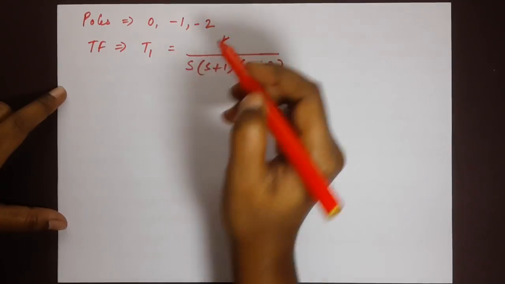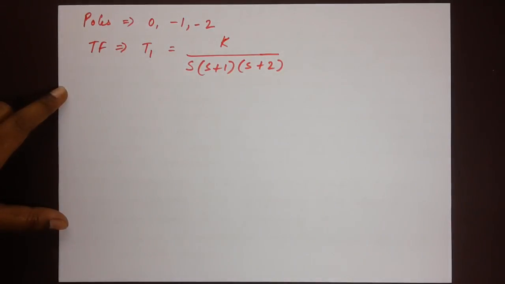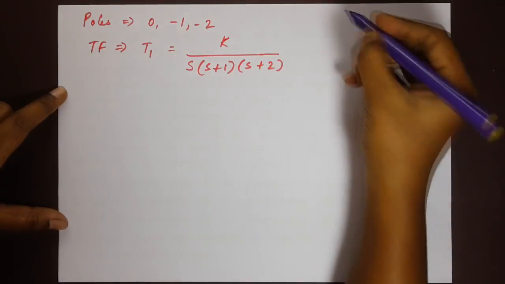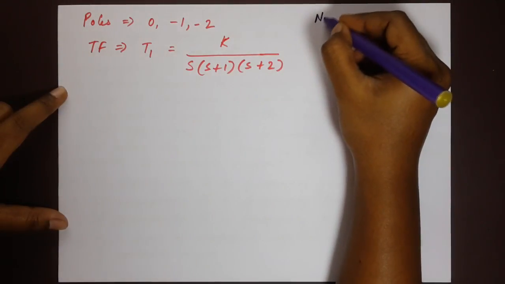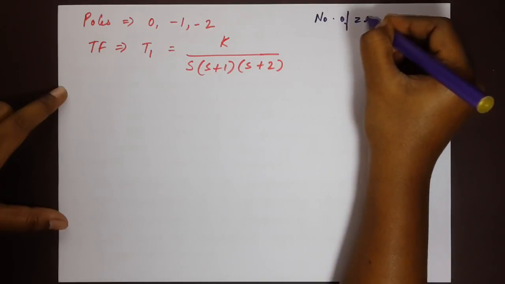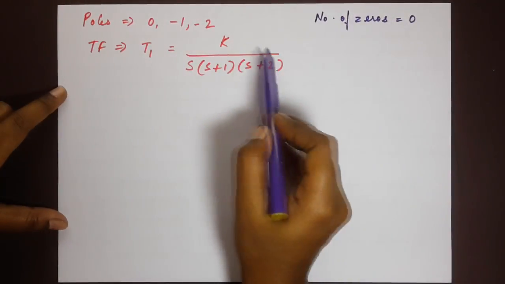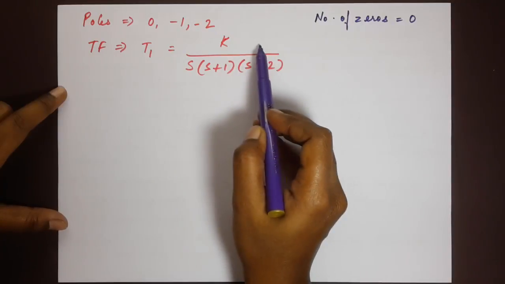Now in order to draw a rough root locus plot, there are a couple of things that we will have to note down. So let's do that. We have our transfer function. Well and good. Okay, so now let's note down number of zeros. We see that here the number of zeros is 0. We don't have any factors in the numerator.